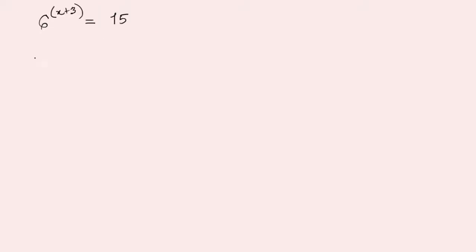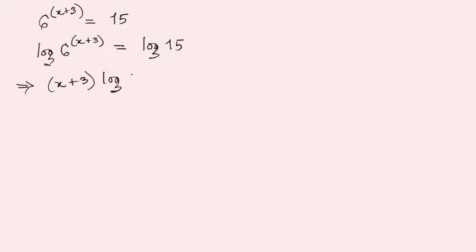If we look at another example, here 6 raised to power x plus 3 is equal to 15. We can solve the same way by taking the log of both sides, which is log 6 raised to power x plus 3 is equal to log 15. Now we can rewrite this by bringing x plus 3 to the front of the expression, which is x plus 3 log 6.